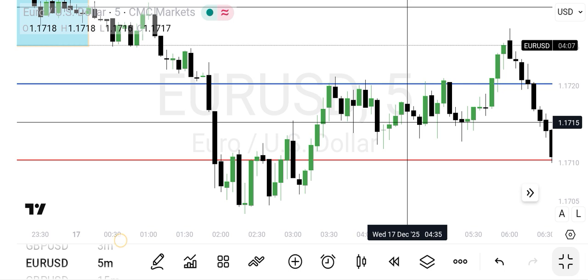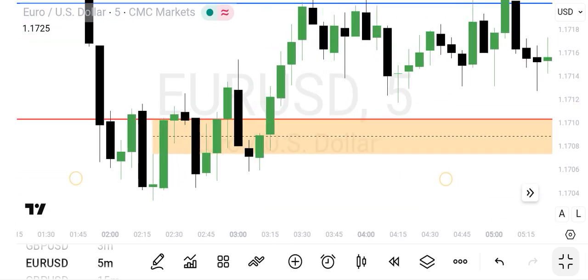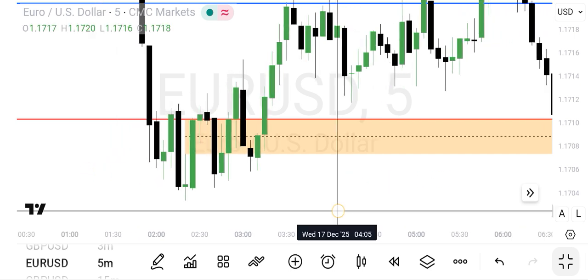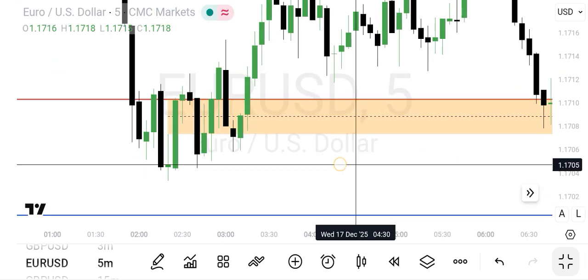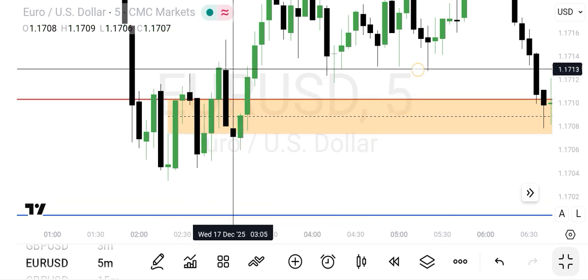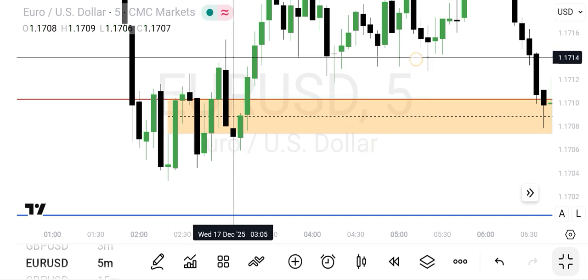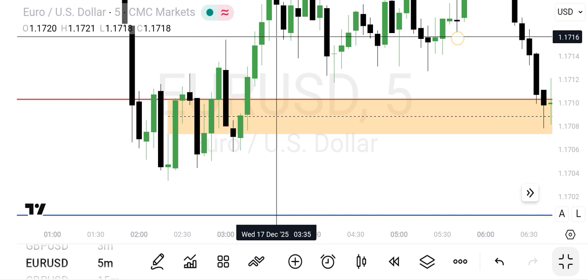Now I've highlighted that gap right there in a 5-minute chart. The market, after it shifted to the upside here, came down, filling the gap, went up again, came and utilized the same gap and began going higher.